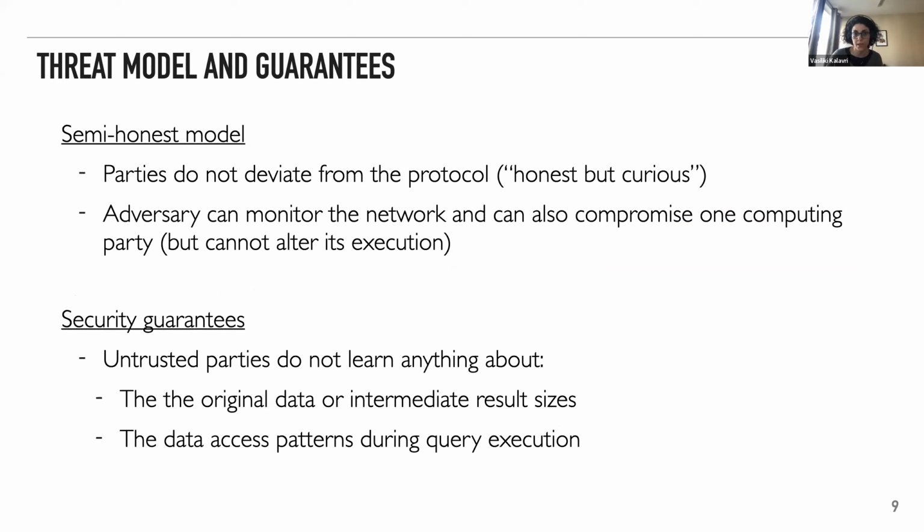They will follow the protocol, but they are still curious, so they can try to reconstruct data from their local random numbers. We also allow an adversary who can monitor the network, all messages being exchanged, and can also compromise at most one computing party, but cannot alter its execution.